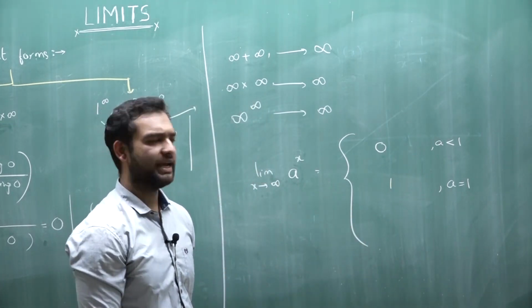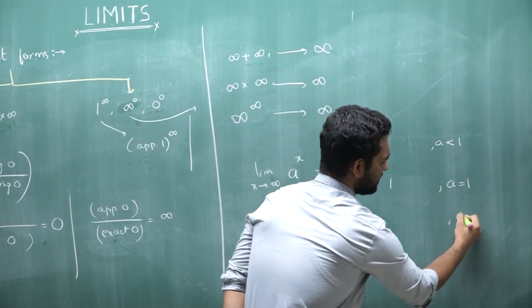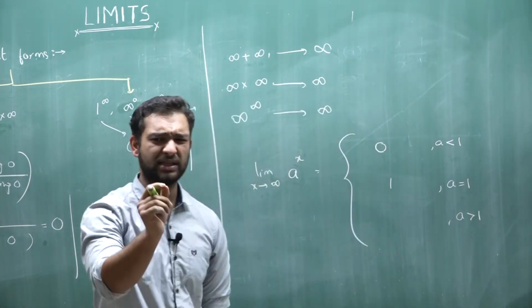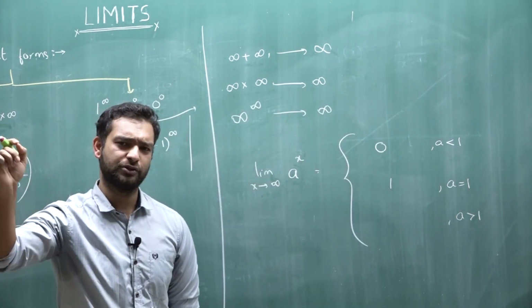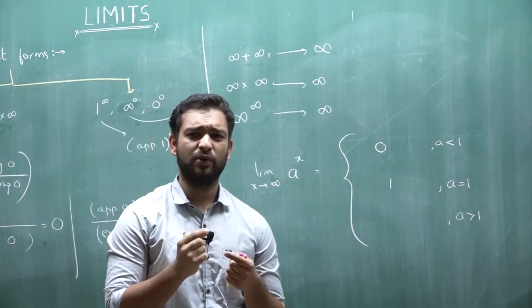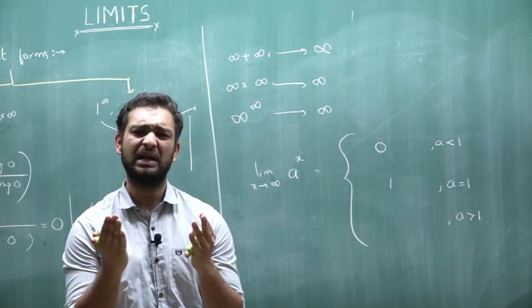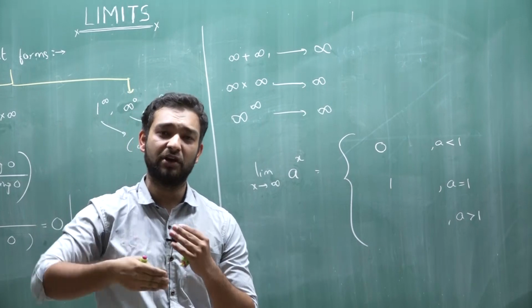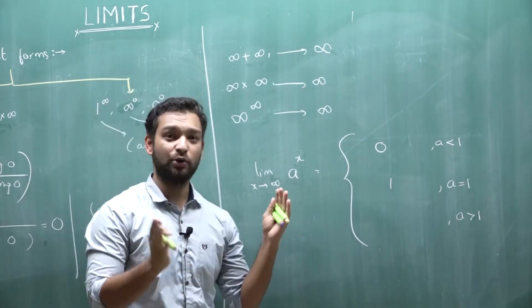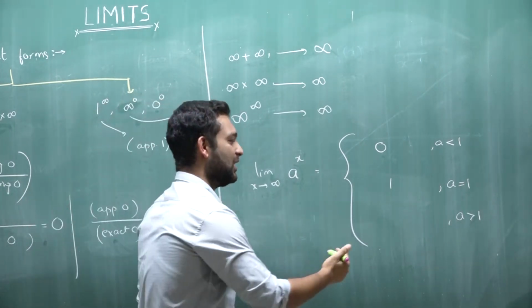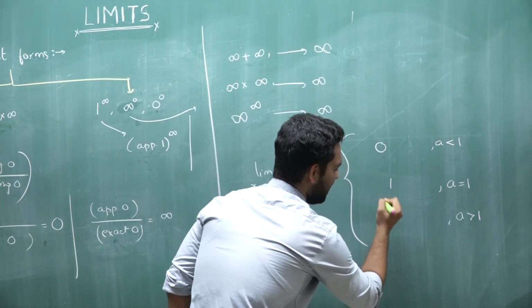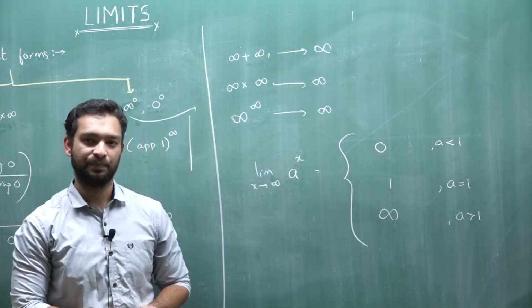And lastly, the third case, when a is greater than 1, maybe just a bit, 1.000001. If any value greater than 1 is multiplied by itself multiple times, the value keeps on increasing, and when you multiply the same value by itself infinite times, this value again will be very large, tending to infinity.